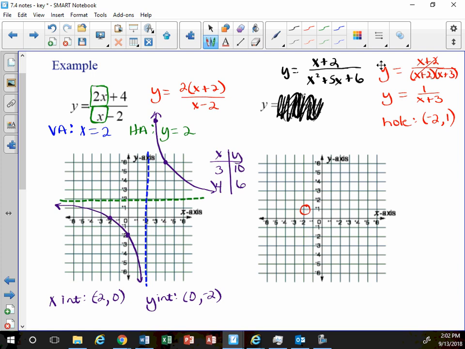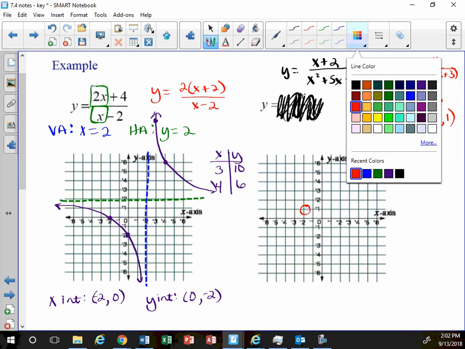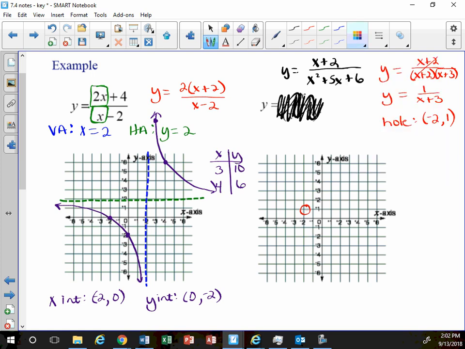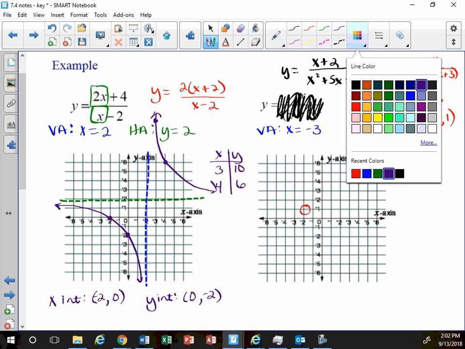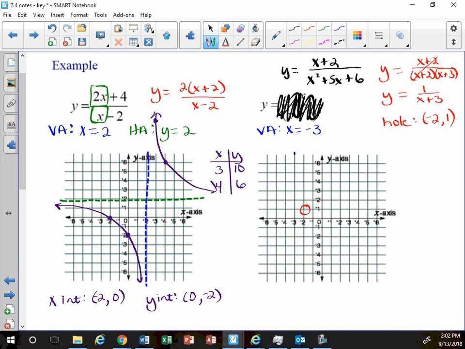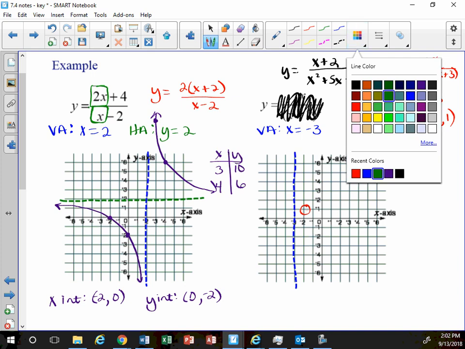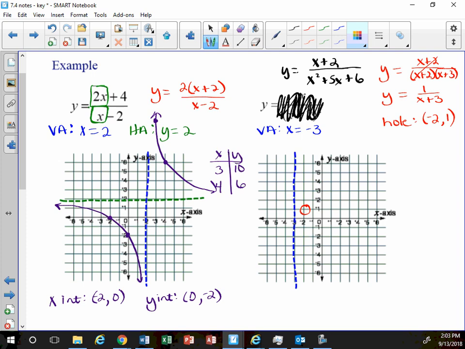All right, so then we're going to do pretty much everything we did on the last one. Where is our vertical asymptote? x equals negative 3. Remember, that comes from the denominator. And your horizontal asymptote.